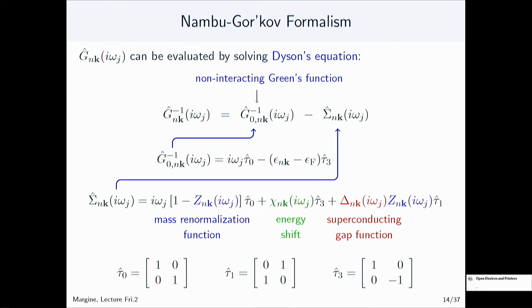So this is the inverse of 1 minus the derivative of the real part of the self-energy with respect to the frequency. And the second term is basically the energy shift. So this is just the real part, the eigenvalue plus the real part of the self-energy. Again, what we've seen for the normal state.